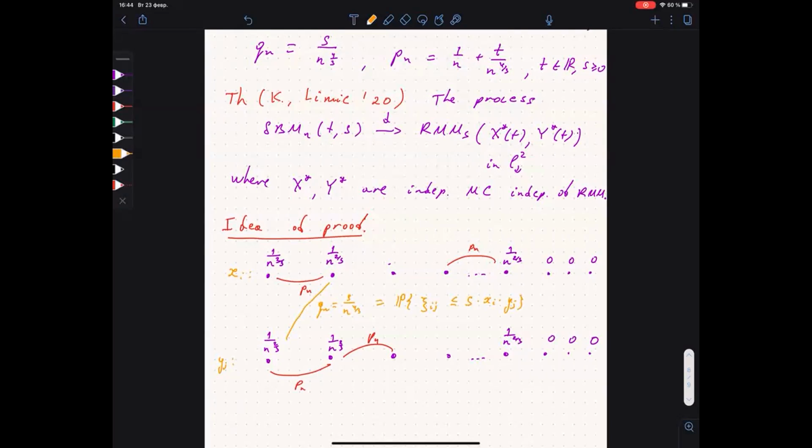So the edges between points which have 0 mass cannot arise? We also say that they appear, but the probability that they appear is equal to 0.